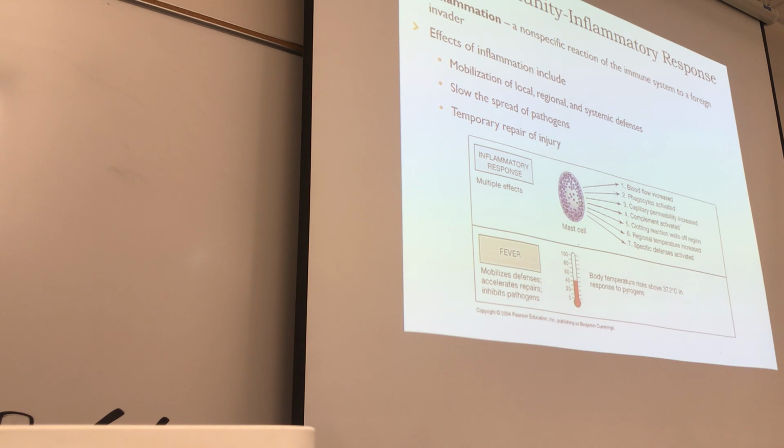Okay, again, you have all these white blood cells in your circulatory system, and if you have an infection or damage, we need these cells to be able to get out of the circulatory system and into the tissues and the interstitial fluid. So the inflammatory response was to make the capillaries really porous, really leaky, so these cells can get out. Of course, the fluid leaves as well, causing the swelling.